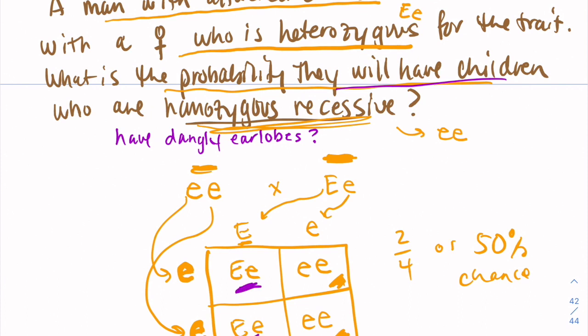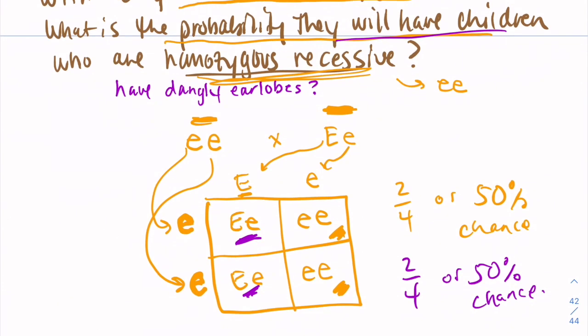This one's dangly, this one's dangly. 2 in 4, or again, a 50% chance. Is there any chance of their having a homozygous dominant child? Nope, because this parent right here only has recessive alleles to give.